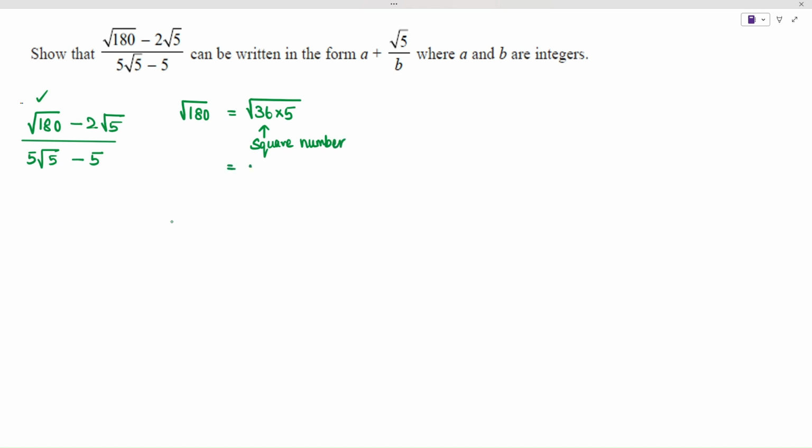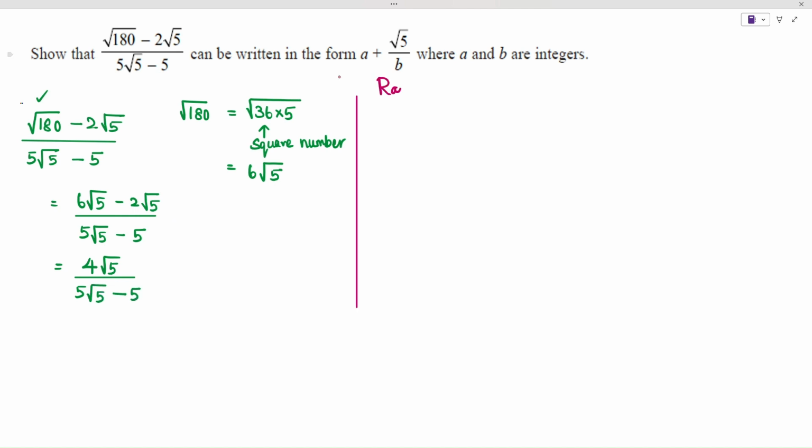That gives us 6 root 5, and we substitute that back into our fraction, so we get 6 root 5 minus 2 root 5 over 5 root 5 minus 5, which is 4 root 5 over 5 root 5 minus 5.